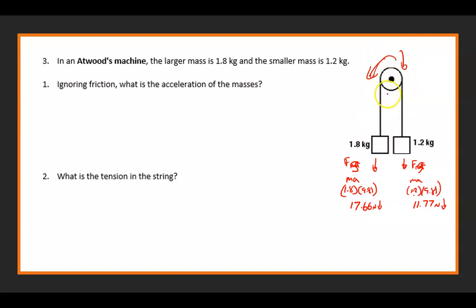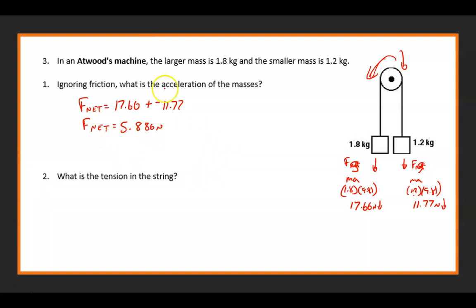And so if we take a look at, well, what is the net force acting upon the object? Well, that's going to be 17.66, which we'll call positive. And we're going to add to that 11.77 because it's going really in the opposite direction. We'll call that negative. So you have a net force of 5.886 newtons.